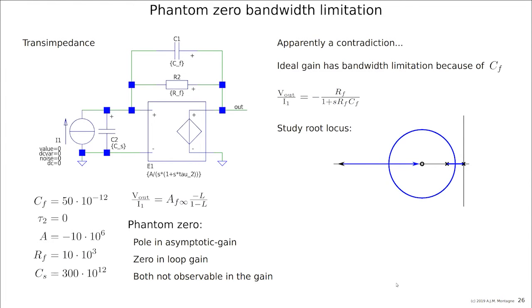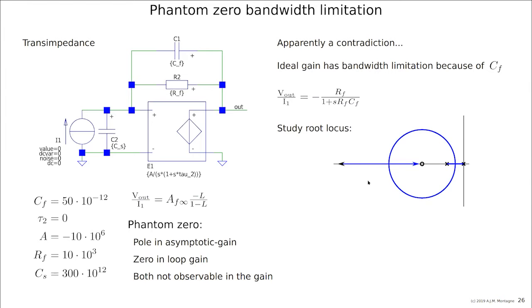And I hope you still remember that in such a case, both poles move towards each other, then leave the real axis, make a circle around the zero, arrive at the real axis again, and one will move to the zero while the other will move to infinity. If the loop gain is infinite, then the one moving towards the zero will be on top of the zero, and the other one will be found at infinity.